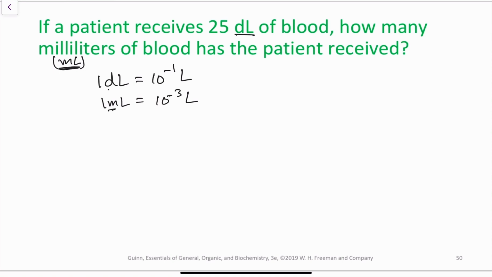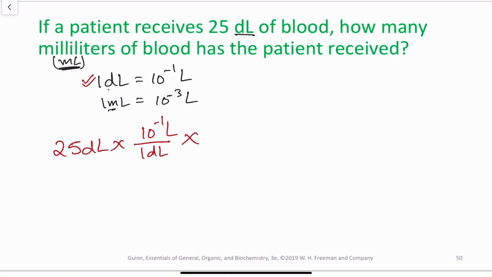So let's try to solve this problem. You have 25 deciliter, so you have to cancel out deciliter, which means you use the first equivalency, put 1 deciliter on the bottom and 10 to the power negative 1 liter on the top.